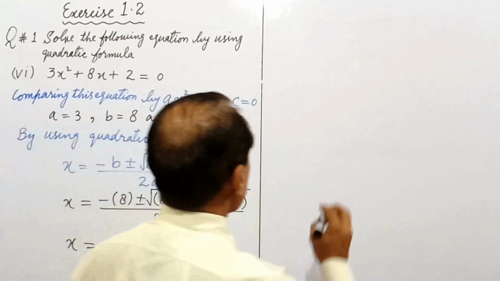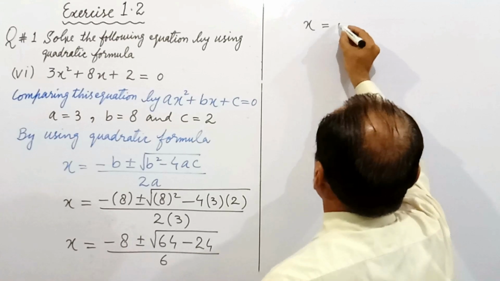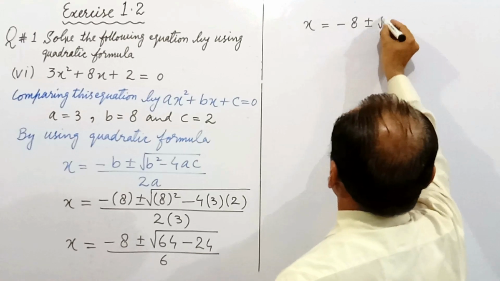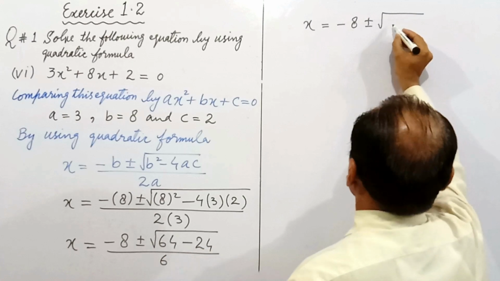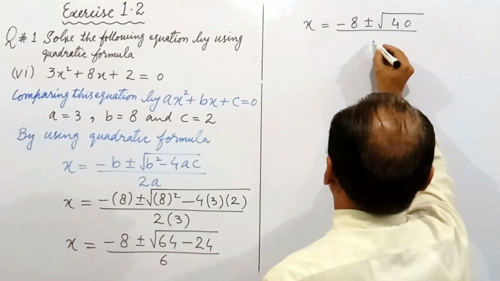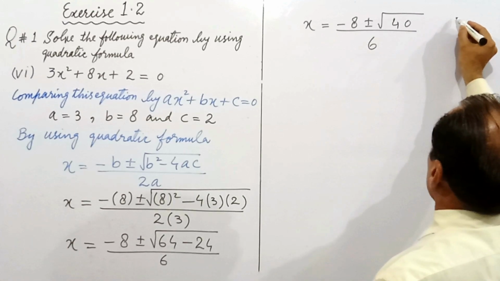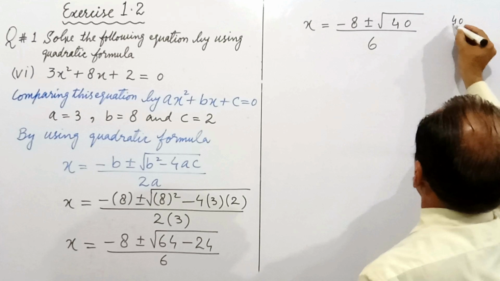We move to the next step. X is equal to minus 8 plus minus 64 minus 24 is equal to 40 divided by 6. As 40 is such a number which can be resolved, we find its prime factors.